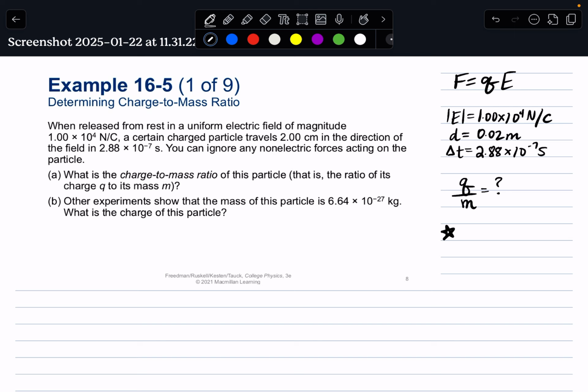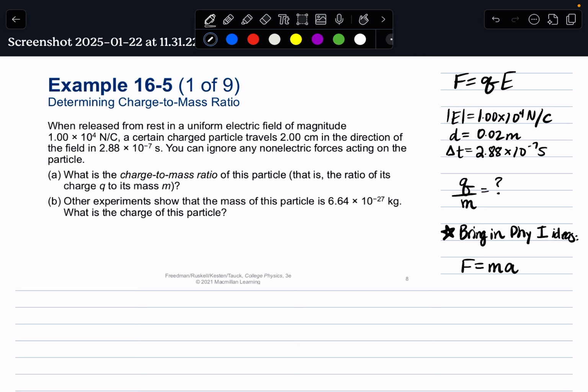We need to bring in some early Physics 1 ideas, namely the fact that any force is equal to the mass of the object moving and the acceleration of that object. F equals ma, early Newton's laws.